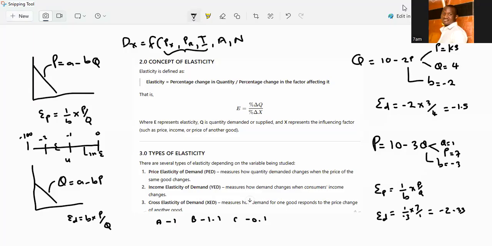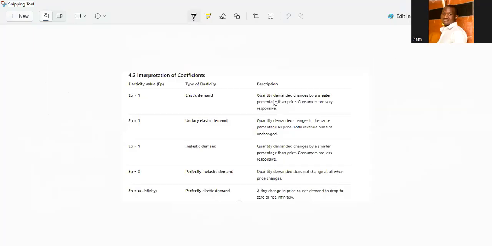When demand is elastic, the quantity changes by a greater percentage than price. So consumers here are very responsive. For instance, if your price goes up by 10%, your quantity will go down by 20%. This means the impact you're making is greater on the other side.